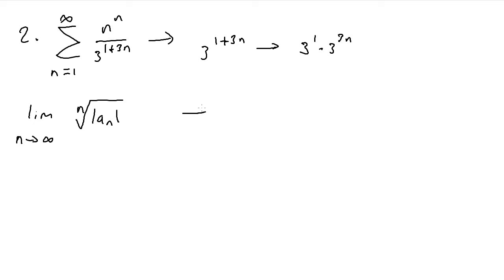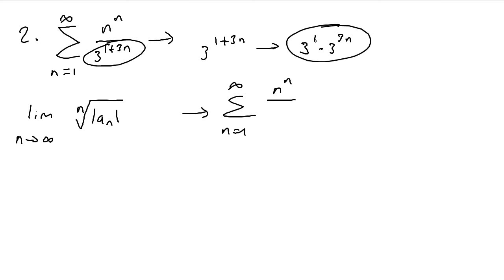So we're going to end up getting the series from n equals 1 to infinity of n to the n over 3 to the 1 plus 3n, which has been expanded to 3 times 3 to the 3n.